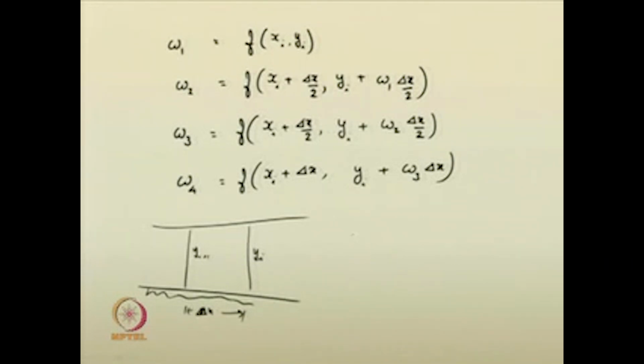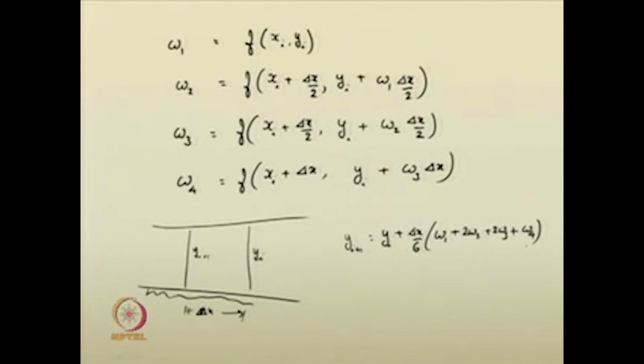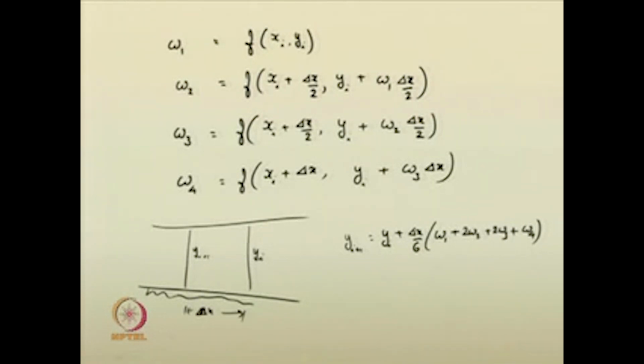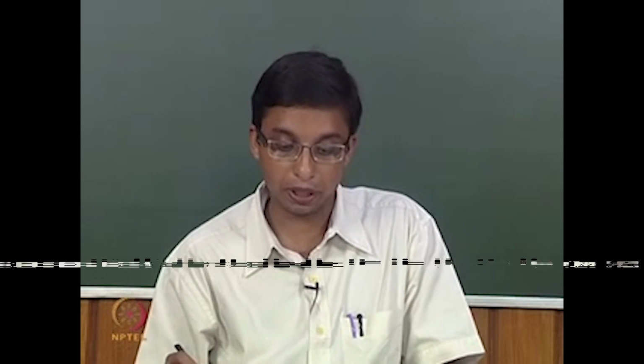Subsequently, you got the expression yi plus 1 is equal to yi plus del x by 6 into omega 1 plus 2 omega 2 plus 2 omega 3 plus omega 4. Like that you got the expressions. So, we will see a demonstrative example for how to solve this method, how to use this method and all.